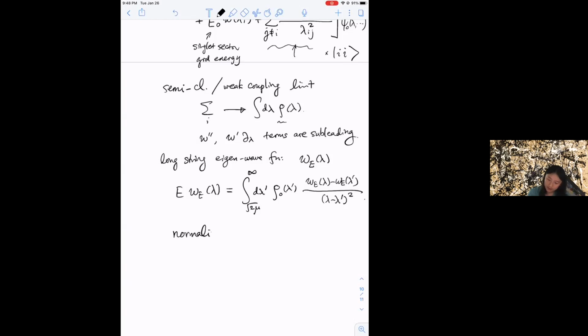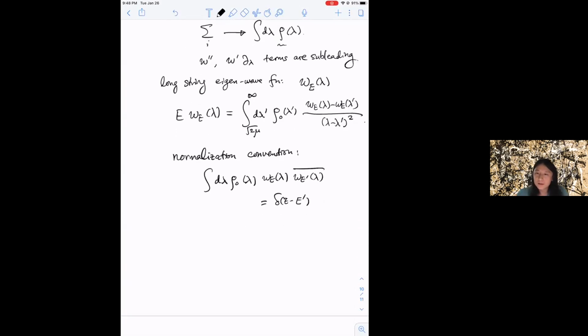Let's adopt a normalization convention such that integral d lambda rho naught of lambda W E of lambda W E prime of lambda conjugate is a delta function in energy. So the delta function normalized. At this point, it'll be useful to actually know what it is, because we're going to use it to compute scattering amplitudes.